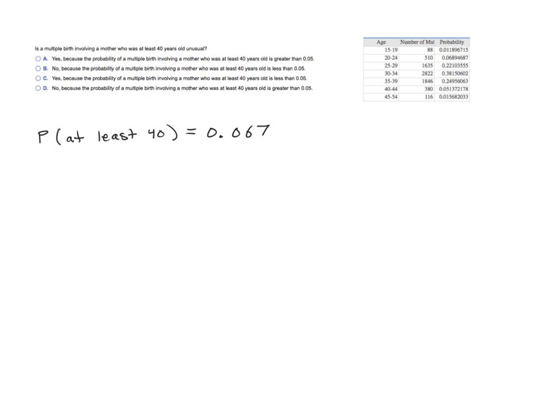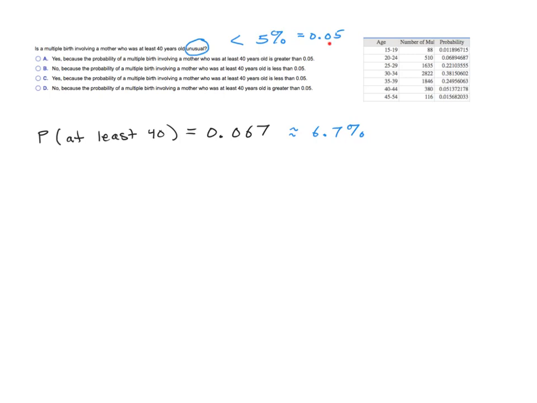There is one final part in part D, and it asks, is this probability of at least 40 unusual? Now, the answer we got was 0.067. And if you'd like to think about that more as a percent, if you multiply by 100, that's roughly 6.7%. There's a definition for unusual, and the cutoff point is 5%, less than 5%, or 0.05.